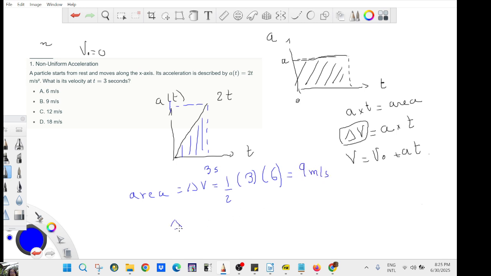So the increase in velocity will be 9 meters per second. So the final velocity equals initial plus 9. Okay, that will be your delta V, and the initial is 0. So the answer is B.